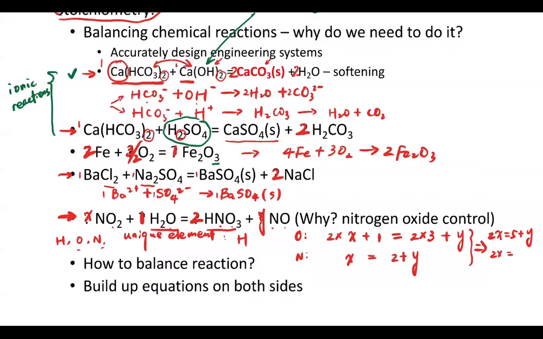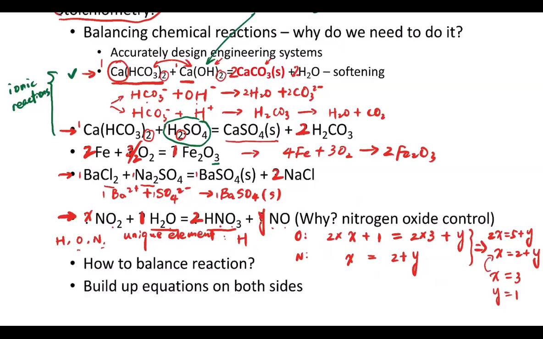So that should be x equal to 2 plus y. So if we use this equation minus this second equation, we have x equal to 3, right? And then if x equal to 3, then y is equal to 1 if we plug in this number here.